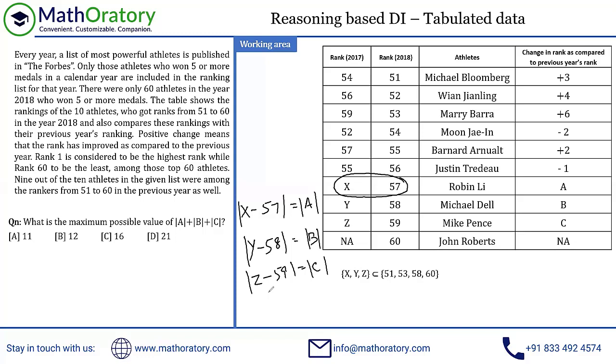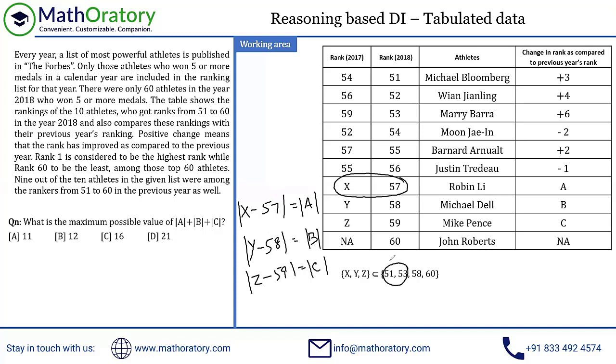So I'm not concerned about the values individually, but I'm going to take these three numbers, 57, 58, 59, as a group. You should be able to notice that 51 and 53 are definitely far away from these numbers, relatively, right? Compared with the other two, 58 is obviously equal to one of these numbers, and 60 is also pretty close to 57, 58, and 59. So these two numbers must be picked up, isn't it?